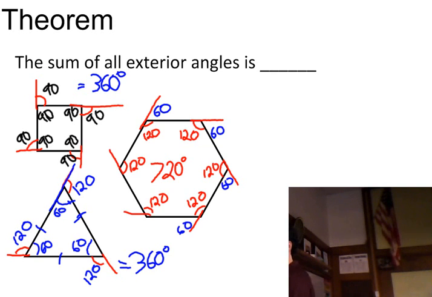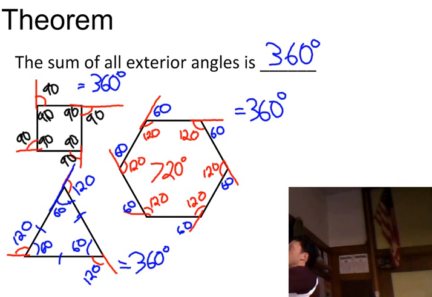Okay, so now one more piece of math here, 60 degrees, and I've got 6 of them. 6 times 6, 36, that's right. Okay, so you've seen the pattern. Wow, that's a lot of numbers on there. And we figured it out. It's always going to be 360 degrees for the sum of the exterior angles.